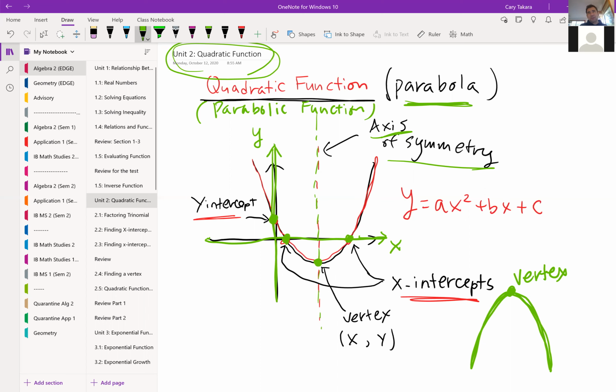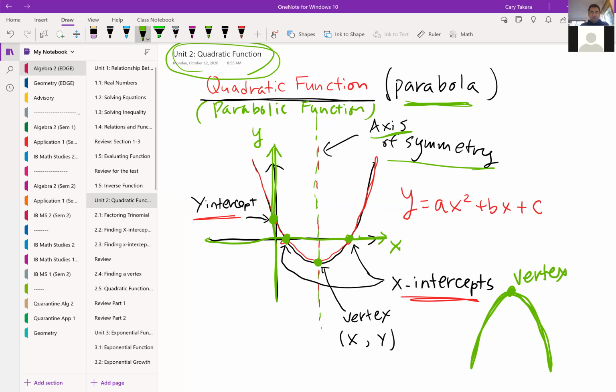Okay. And so there are lots of applications for that. You might have dealt with some of those questions in maybe physics. But anyway, we will try to deal with some of the story problems.